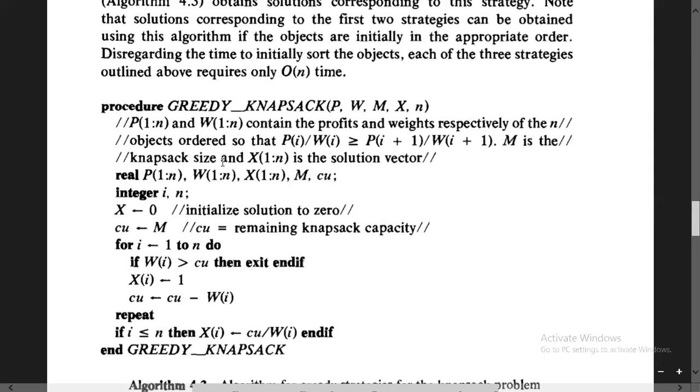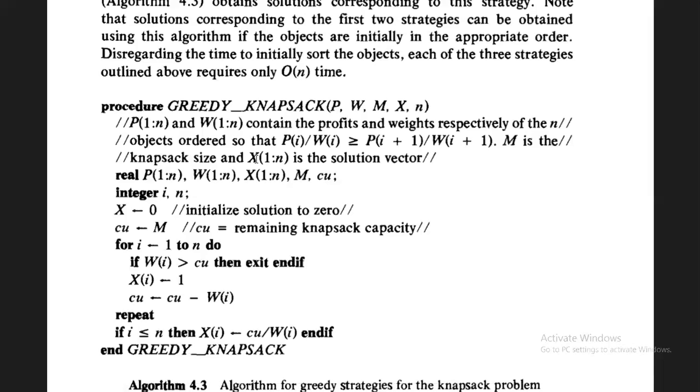M is the knapsack size and X is the solution vector. Why is X of 1 to n a solution vector? What part of the item we have taken is given by the X array. So this X vector indicates the solution vector.